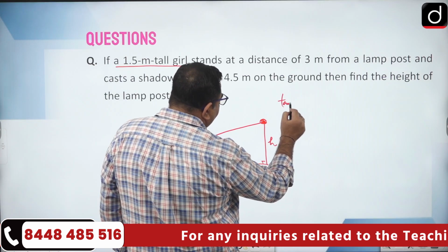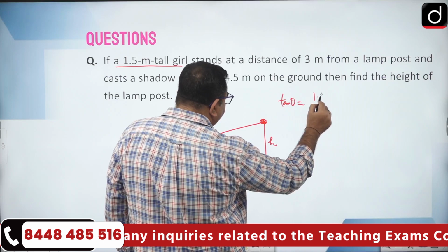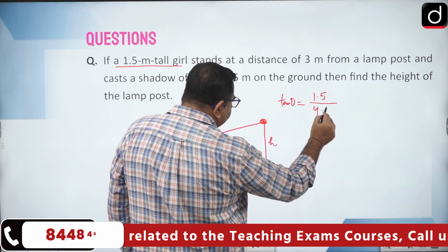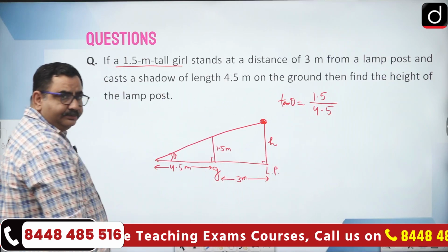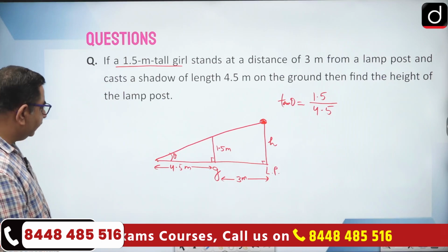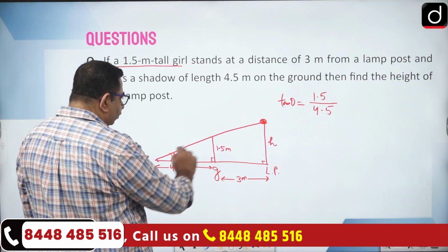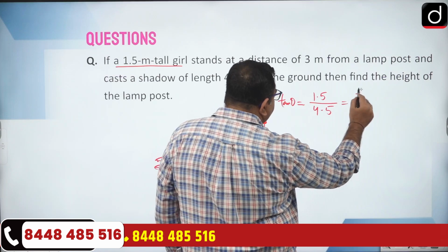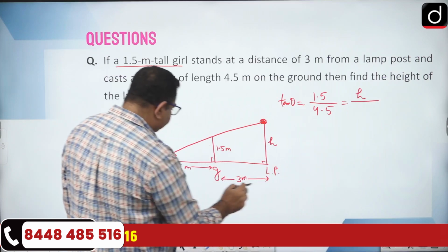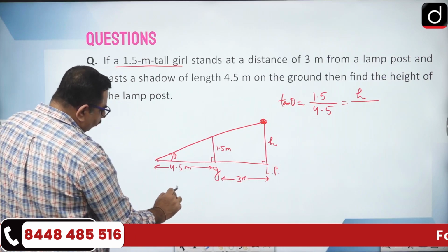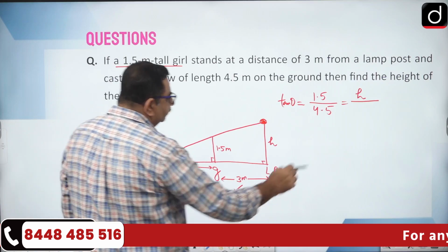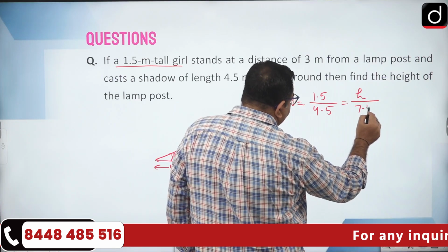Now what is the total base? 4.5 plus 3, that is 7.5.